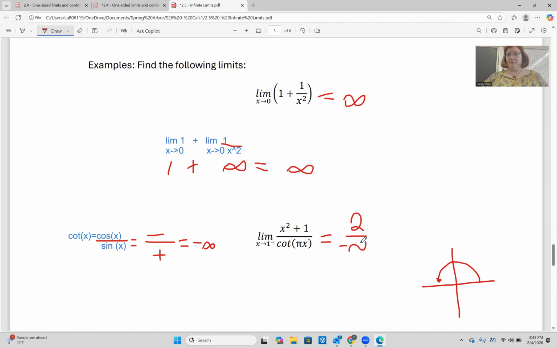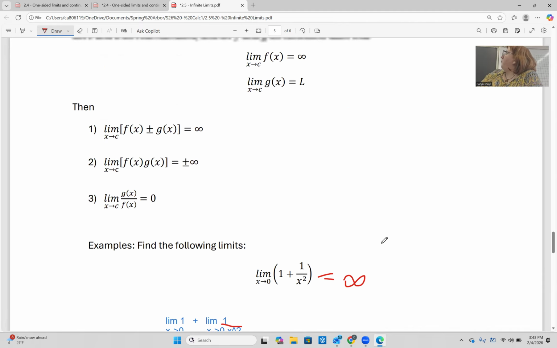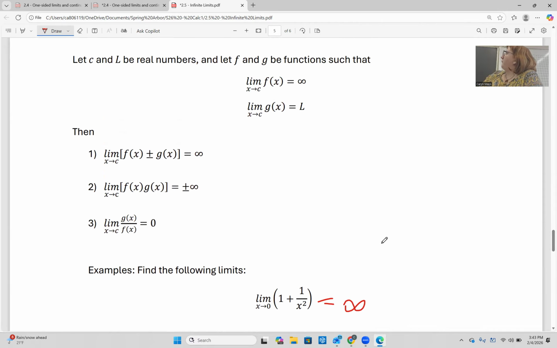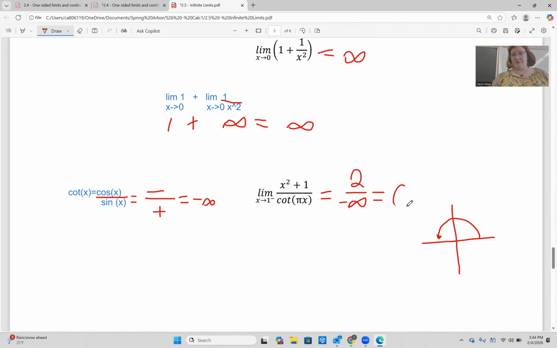I'm not going to be grumpy if this is written. 2 over negative infinity. That's this last rule. If I have something over infinity, it's 0. So the limit of this becomes 0.